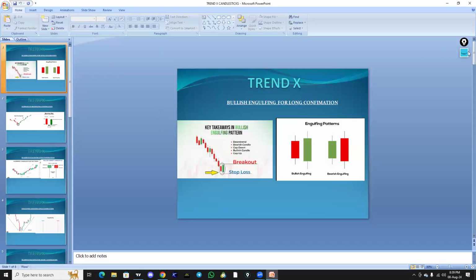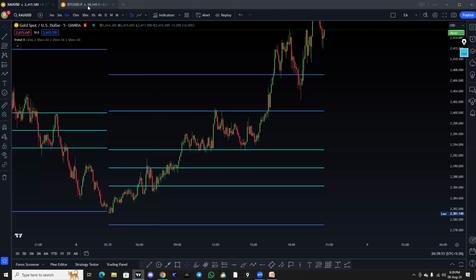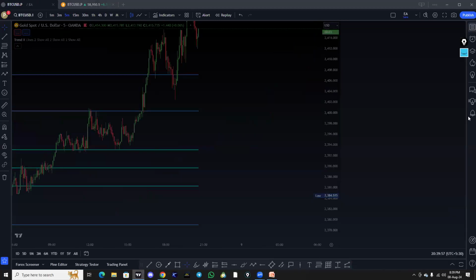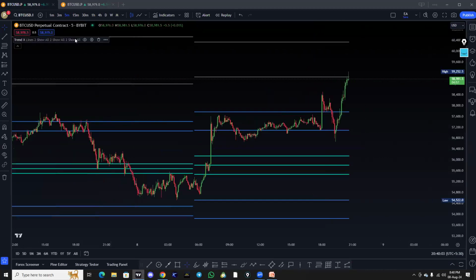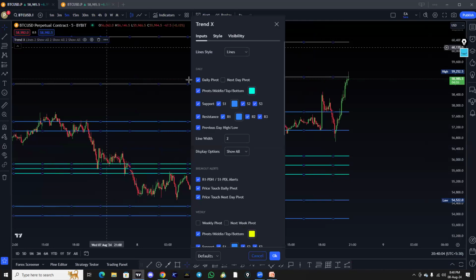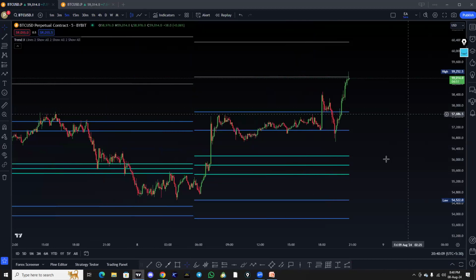For a quick review, I'll show you Trend X here. You can see here, when candles are above weekly and daily, as in the last session I showed you, we are looking at long positions.